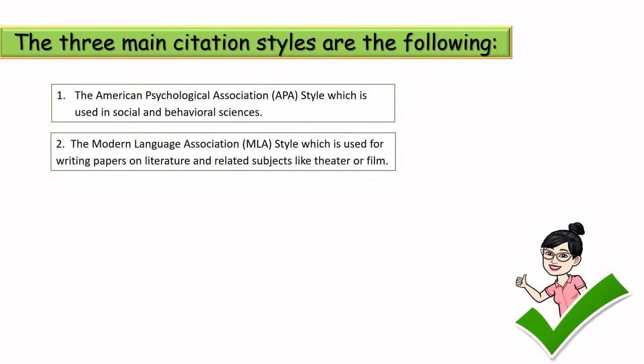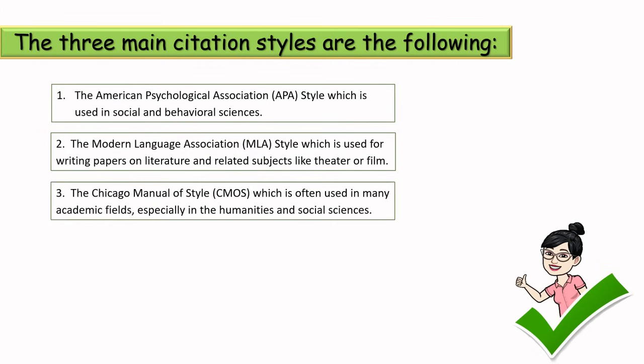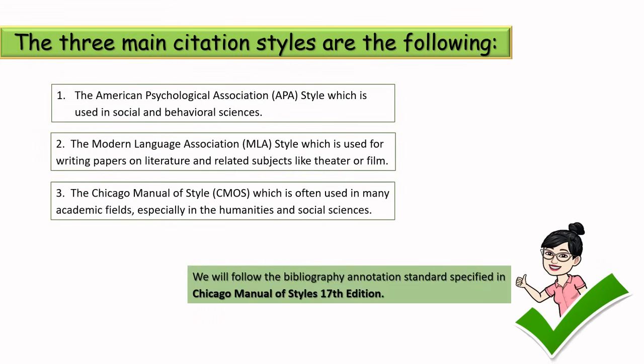Number 3. The Chicago Manual of Style, or CMOS, which is often used in many academic fields, especially in the humanities and social sciences. We will follow the bibliography annotation standard specified in Chicago Manual of Styles 17th edition.